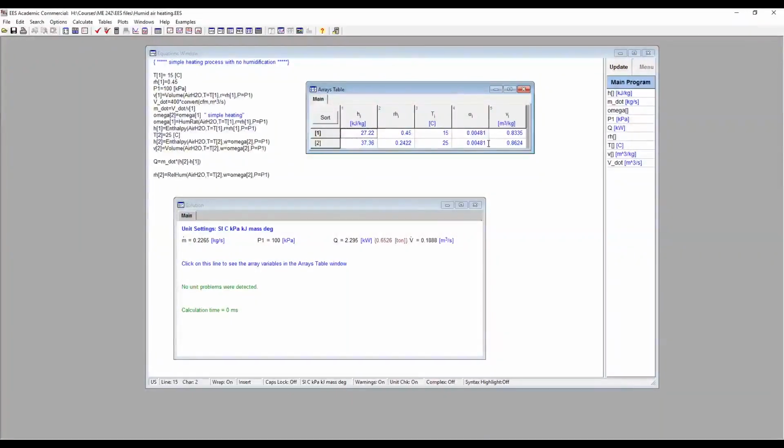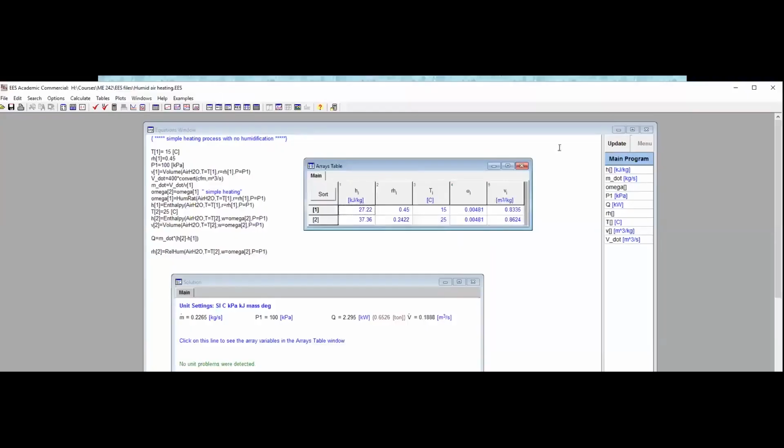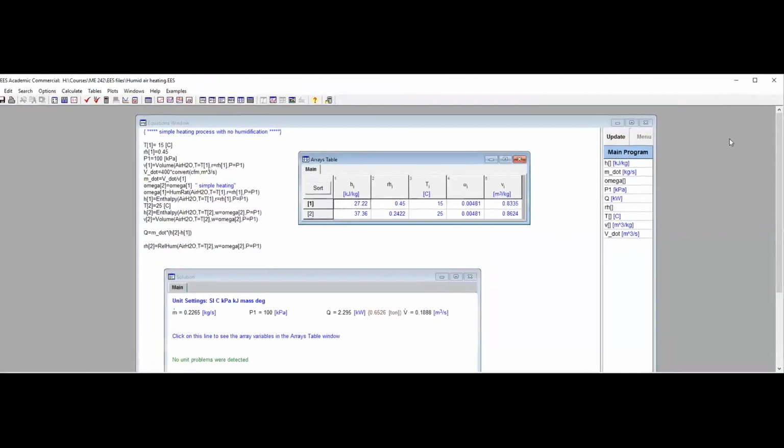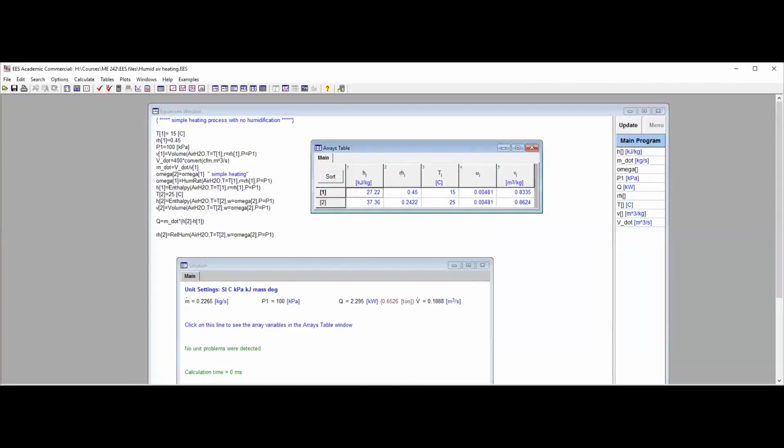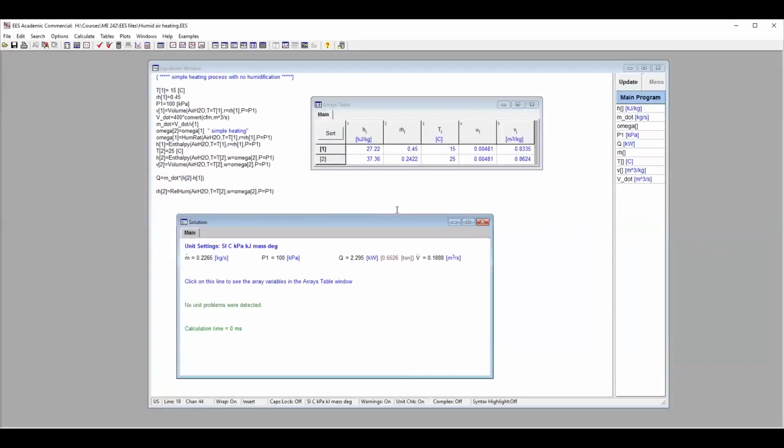All right. Okay, let me show you how to generate a psychrometric chart using these. Get this to move down a little bit. Okay.